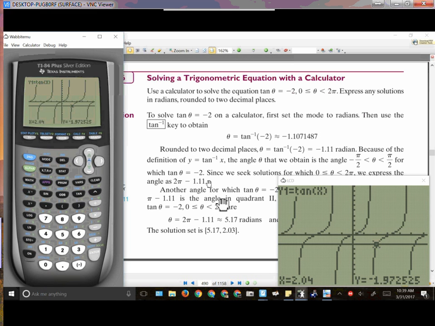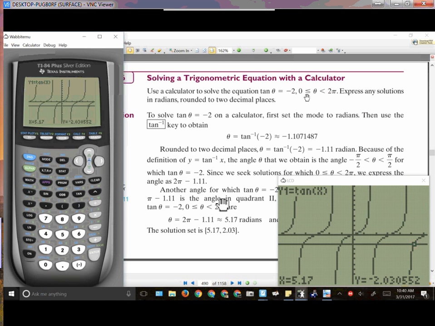So is there another one that is within that range? Well, it would be sitting up over here, correct? So if I were to take negative 1.11 and add on to it 6.28, which would be 2 pi, I would end up at 5.17. So when you're looking at the solution set and it says it's between 5.17 and 2.03, you have to be careful because the calculator gives it back to you in the domain of the inverse function.